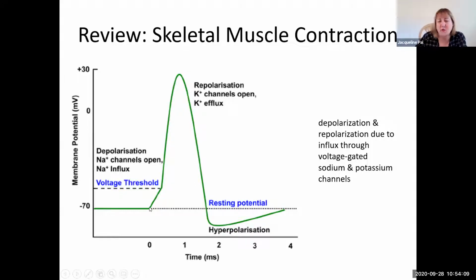At first we have sodium channels opening and a rapid influx of sodium giving us depolarization from the resting membrane potential of about -70 all the way up to about +30. Once the influx of sodium is finished, we see the effect of the efflux, the outward flow of potassium, and this is a slower process.